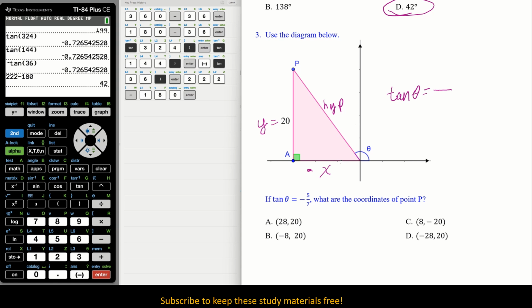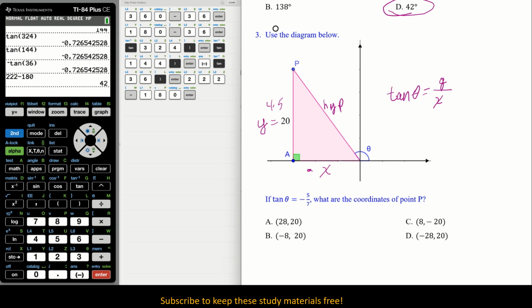Now, I do need you to make note that, I don't know how much it'll help us, but if we have 5 over 7, this would be 4 times your 5. Regardless, we know that tangent is going to be the y over the x, which is the opposite over adjacent.